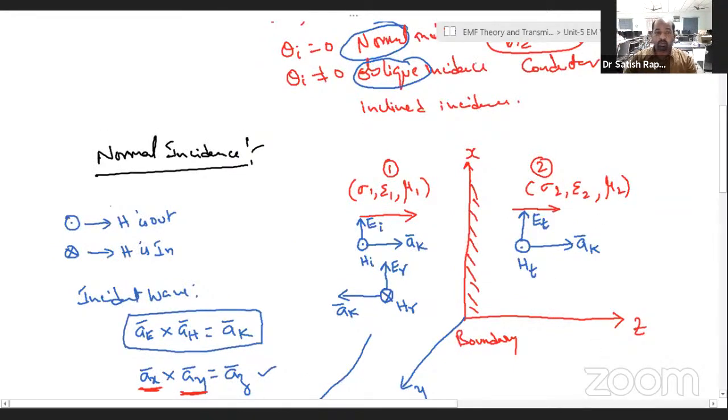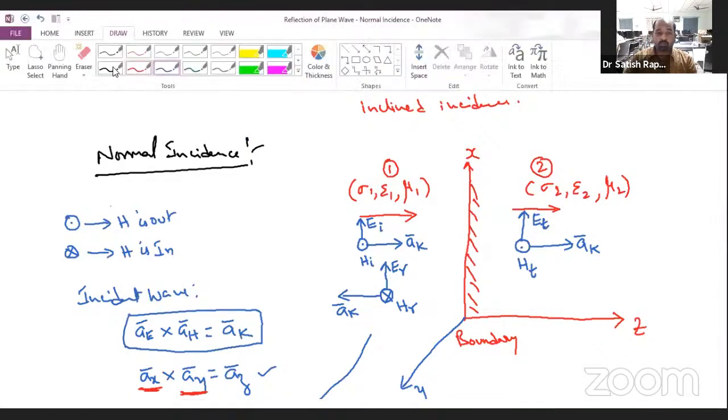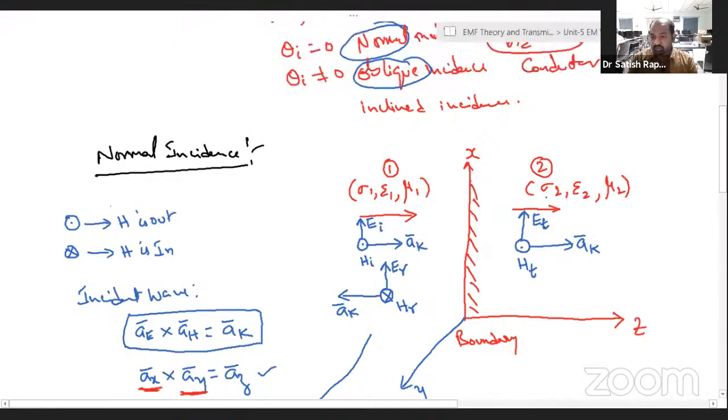From the figure, this is region 2 and this is region 1. In region 2 we have the transmitted wave, whereas in region 1 we have the incident and reflected waves. The incident wave direction is Az bar, the reflected wave direction is minus Az bar, and the transmitted wave direction is Az bar.